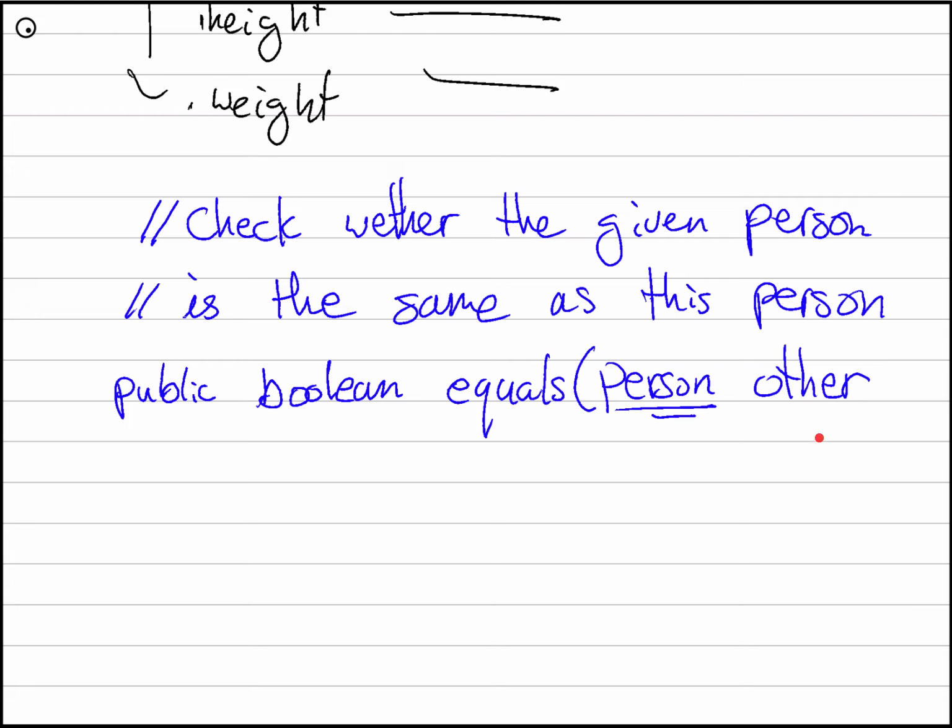The other person. Anything else? I think that's it, and we want it to return us the answer. Right, and what are we comparing the other person to? To the person A. How do we have access to it?